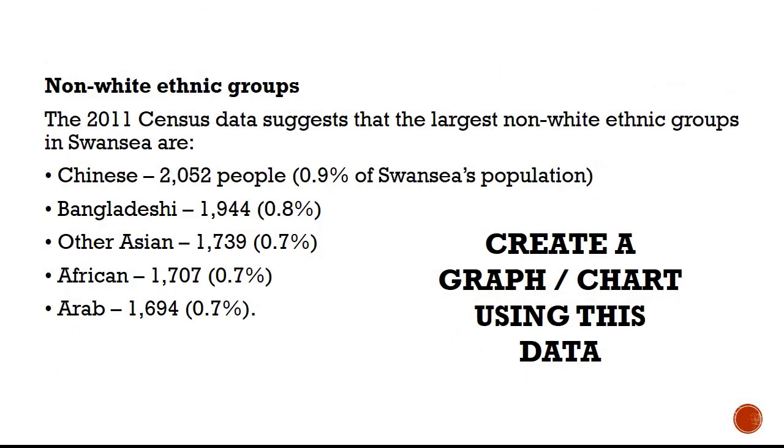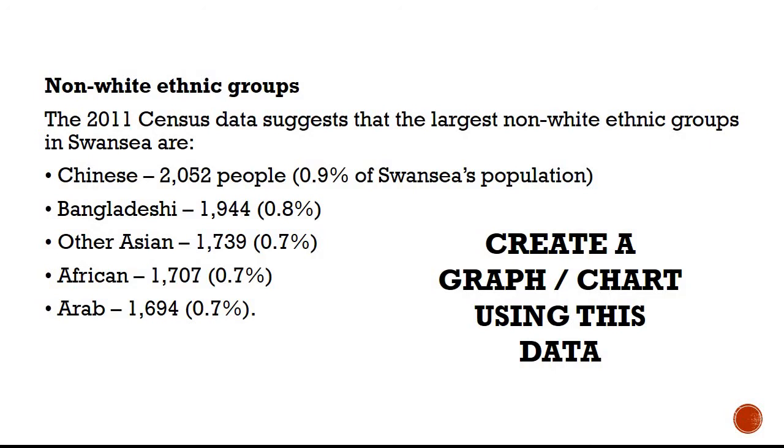Okay, so on the first page, we've got the census data for non-white ethnic groups in Swansea from 2011. So when you create your graph or chart, you would imagine the majority of you now know how to use Excel.